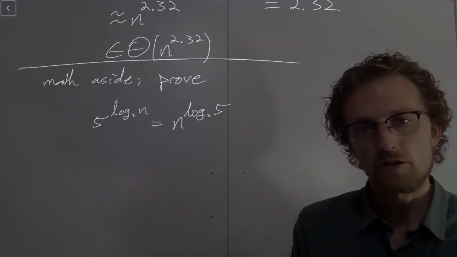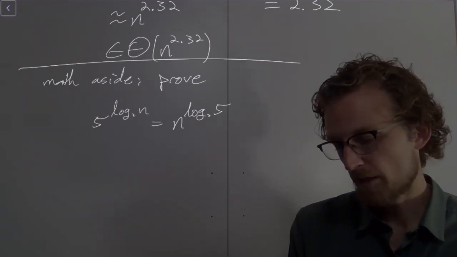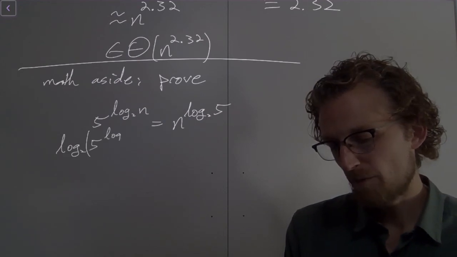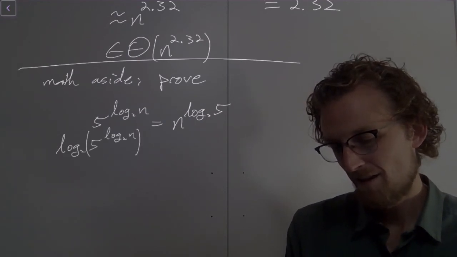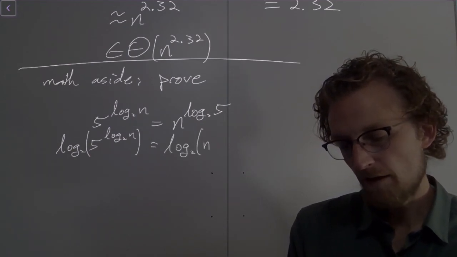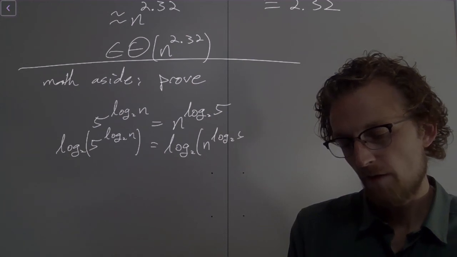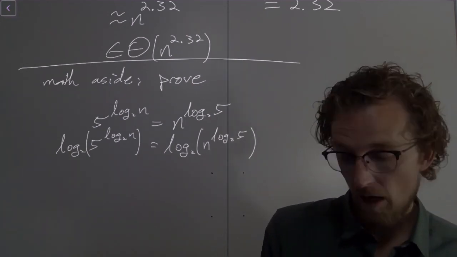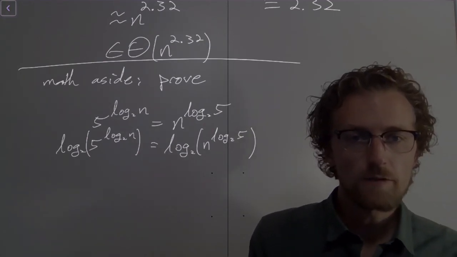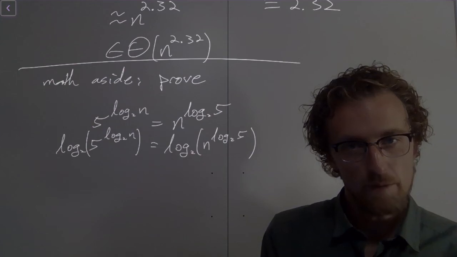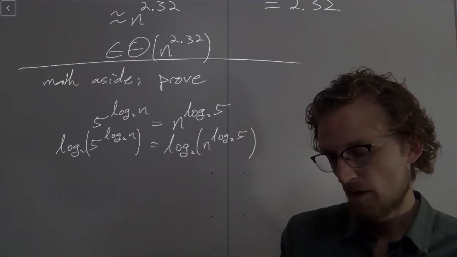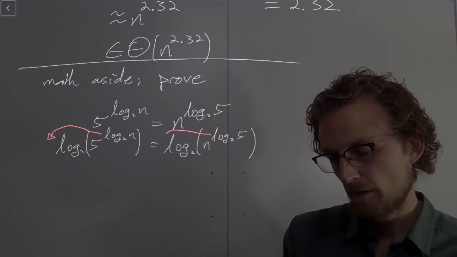So I can just take the log base 2 of both sides: log base 2 of 5 to the log base 2 of n equals log base 2 of n to the log base 2 of 5. Now, I can use the log rule that says log of something to a power is that power times log of something. So I can take these powers and multiply them in front.